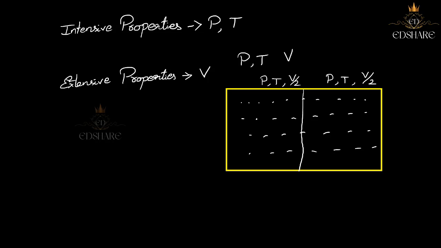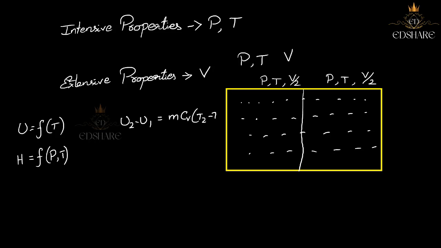We know that internal energy is a function of temperature, whereas enthalpy is a function of pressure and temperature. The formula for change in internal energy, U2 minus U1, is m Cv (T2 minus T1). If you observe carefully, the change in internal energy formula is dependent on mass.